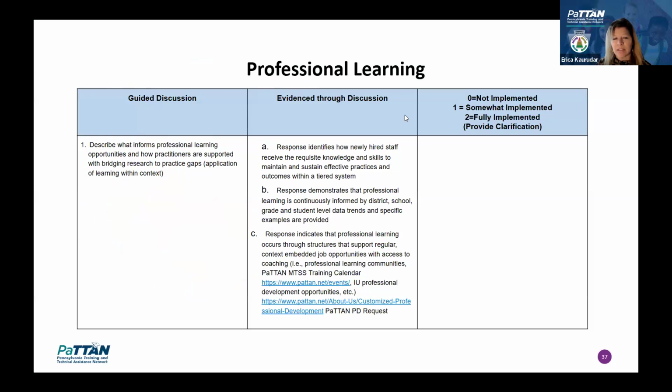In this component, your LEA team has an opportunity to describe what informs professional learning opportunities and how practitioners are supported with bridging research to practice gaps. How are we applying learning within the context of our school system? So your LEA team should consider why professional learning was mobilized for a group of practitioners. What informed that decision? And what was the outcome?